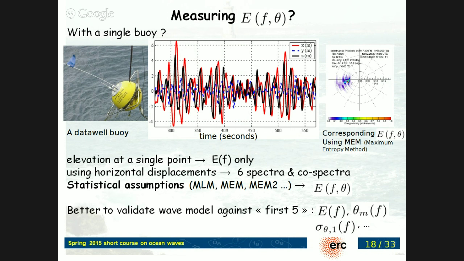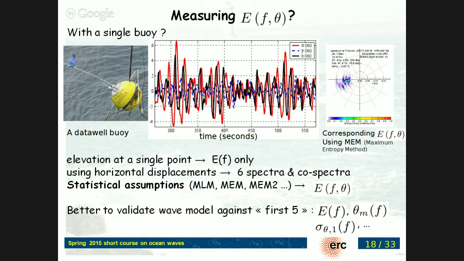And actually, of these 6 pieces of information for each frequency, one is essentially the ratio of the vertical and the horizontal displacement, and that is a function of the water depth. It's not a function of the directional spectrum. So from 6, you're only left with 5, and people call these the first 5 parameters of the directional distribution.